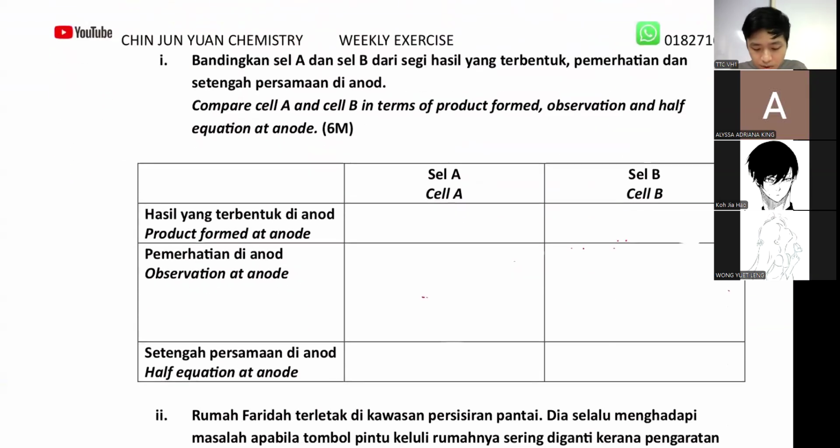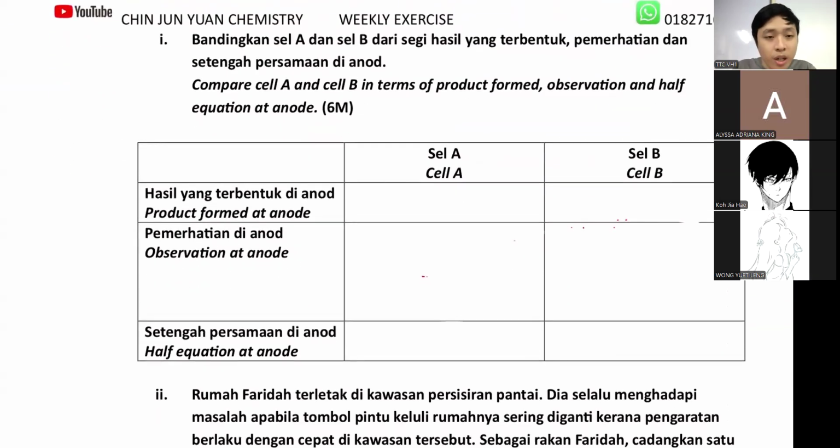Then they ask you to write what is the product formed, what is the observation, and what is the half equation. So for the product formed, I write the half equation first. Cell A is what?